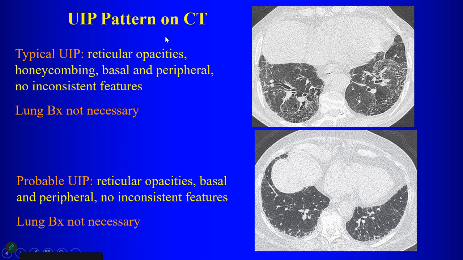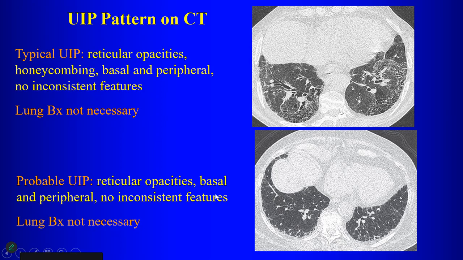So these UIP patterns on CT, the typical UIP pattern, reticular opacities with honeycombing, basilar and peripheral, no inconsistent features with UIP. Lung biopsy is usually not necessary. Same is true with a probable UIP pattern.